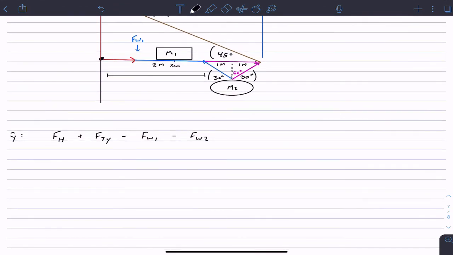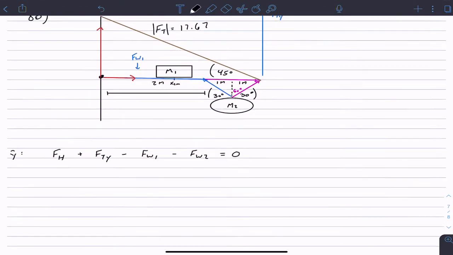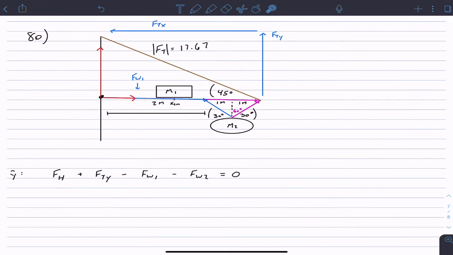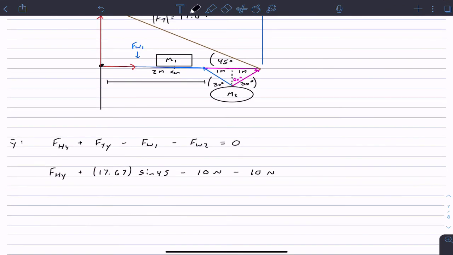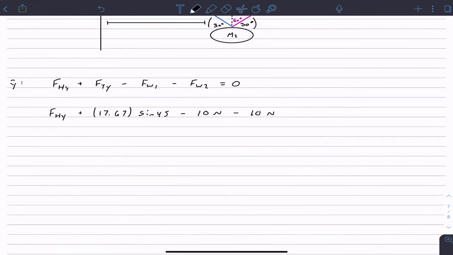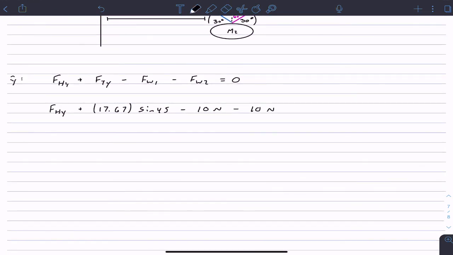And this is for the y direction, remember, and we are in equilibrium. So now we have nothing in motion, we'll say. So F_H is the force we're looking for in the y direction. Call that y. F_TY is going to be 17.67 sine 45. Minus 10 newtons, we know that's the weight force. Minus 10 newtons, we know that's also the weight force, right? These are pulling down here. Equals 0.